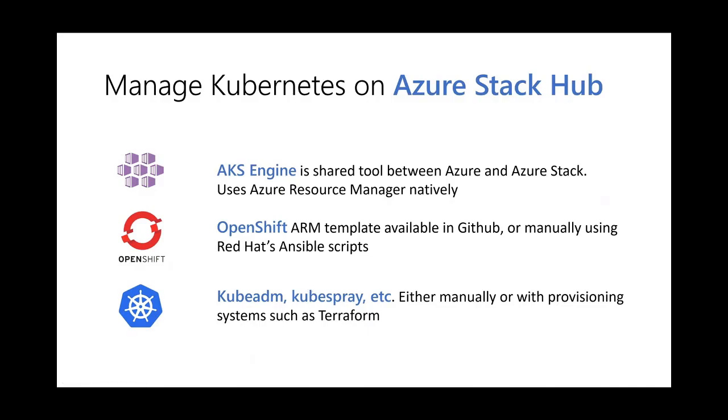You can probably look into Rancher. I never tried Rancher before, but all of these tools are open source. They're supposed to work just about anywhere you go. The only thing about OpenShift, kubeadm, kubespray is that they're not using the native capabilities of the platform in the same way that AKS Engine does. And so we're going to look into the details of what that means in a second.